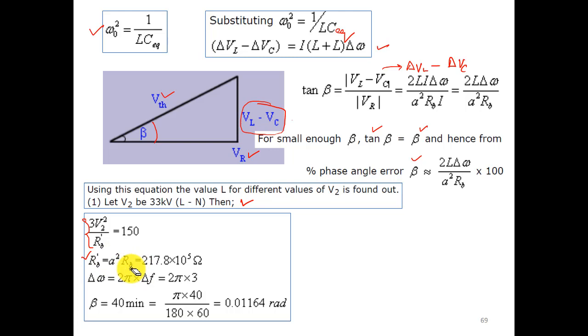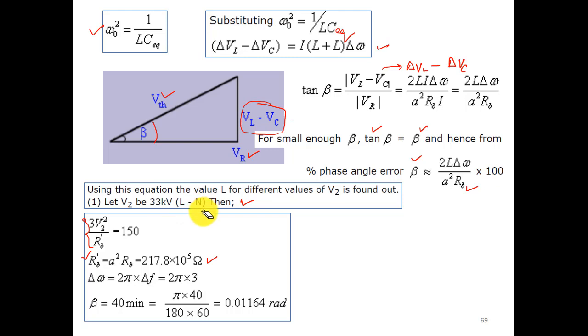If we substitute the value of V2 here, we'll find the RV dash value, right? And then by substituting this RV dash in this equation, because we know beta, L, and everything, we'll find delta omega.